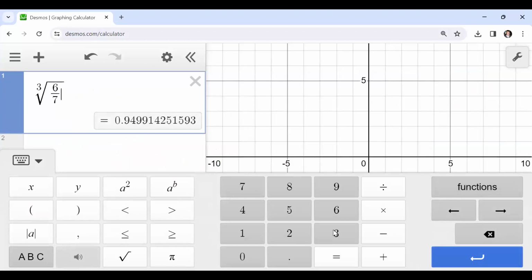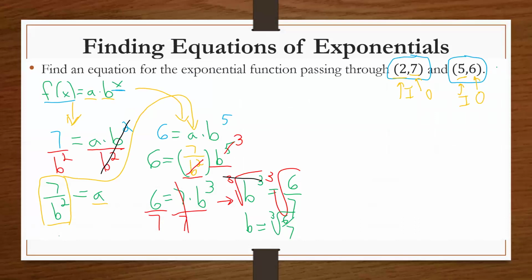And for the sake of accuracy, I'm actually going to go out to 4 decimals here. Okay, and so I'll take that back here to my slide that has the problem on it. And so we have that b is equal to 0.9499. Okay.